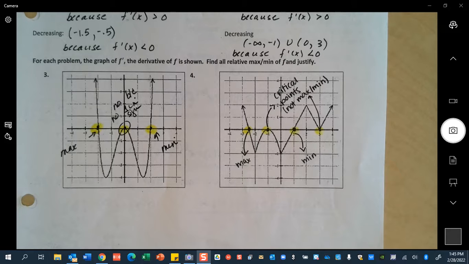So this is only going to be a min if my derivative sign changes and goes back up. Does that make sense? Because there's no sign change here, it's not a min or max. So just because my derivative equals 0 does not guarantee that you're going to get a min or max. Sound okay?